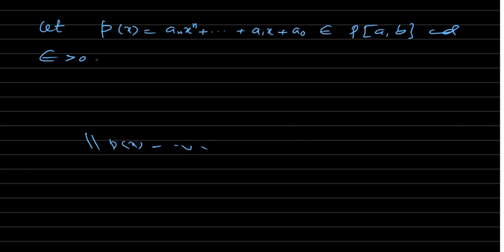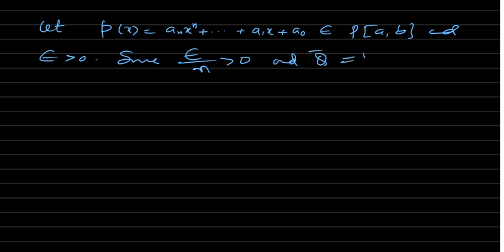So how do we define this q(x)? Epsilon by n is a positive number, and Q closure is R, so given any real number I can find some rational number.